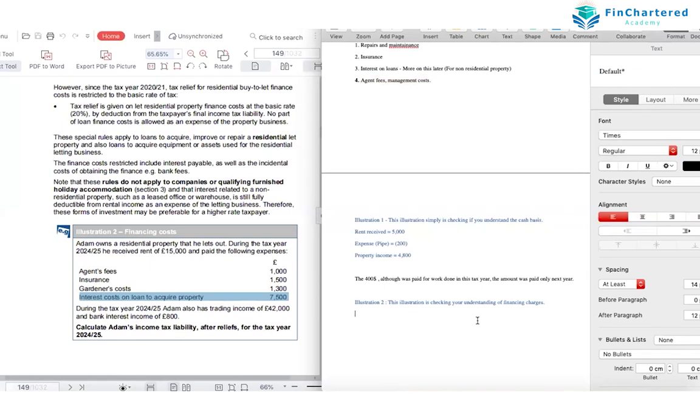Insurance, remember, can be deductible. Again, I'm giving you some clues. Gardener's cost. A gardener, I feel, is somebody who is needed to maintain the property, right?